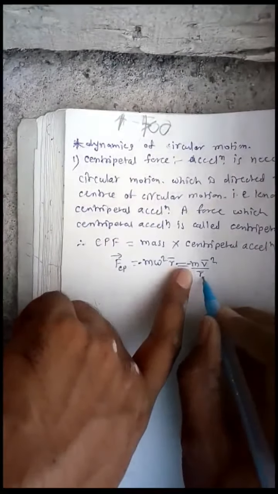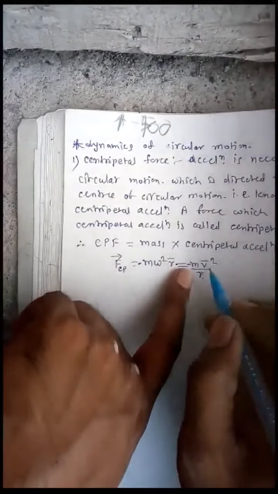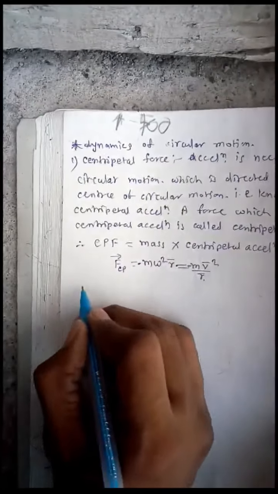Radius vector direction and centripetal acceleration are opposite, so we take a negative sign. It is a real force.